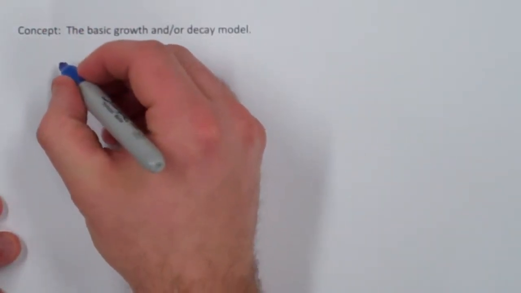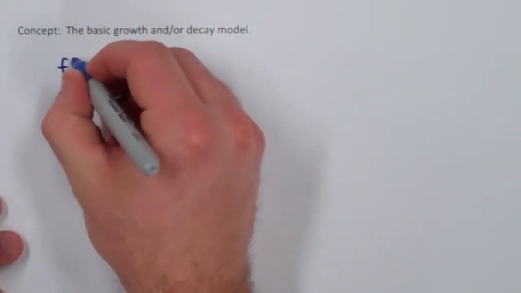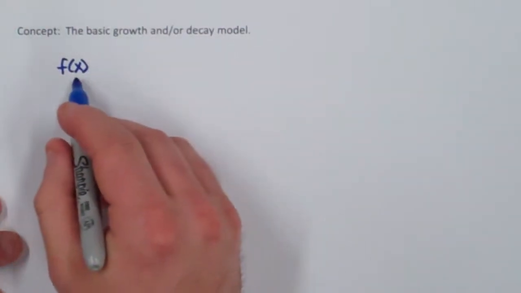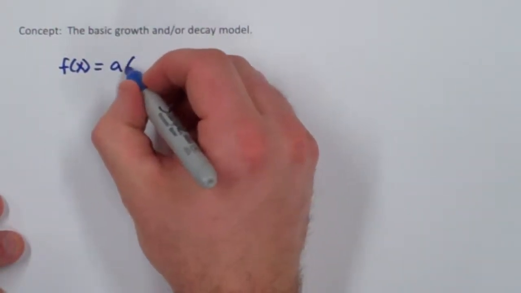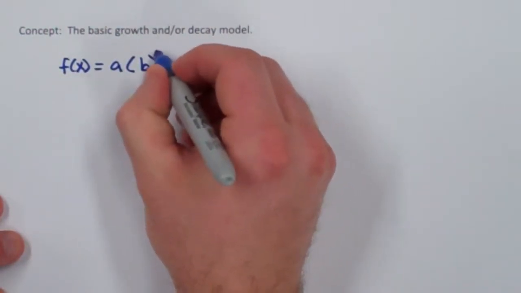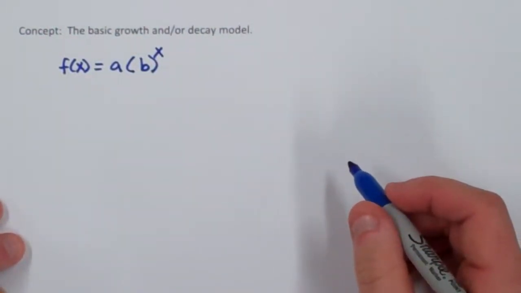So one of the basic models we're going to use for this is the output, which is f of x, is equal to a times b raised to some power x.